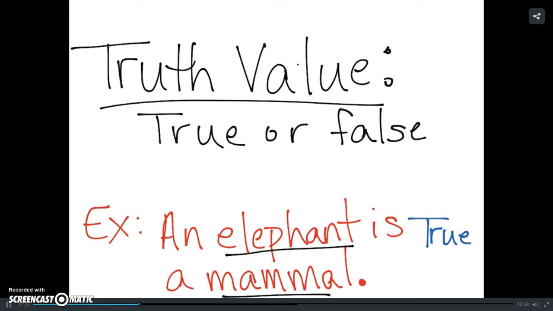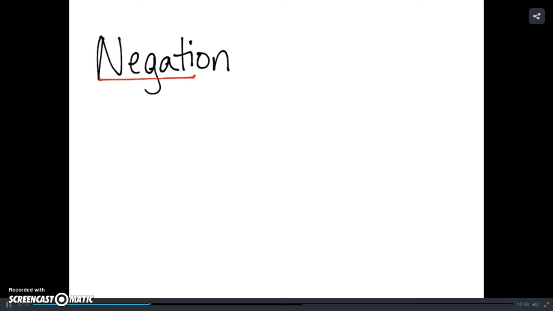We can also, when we're talking about a statement, do what's called negating that statement. The term we're looking at in our book is negation. It should make you think of the word negative, because that's essentially what we're doing: adding a negative word into a statement.